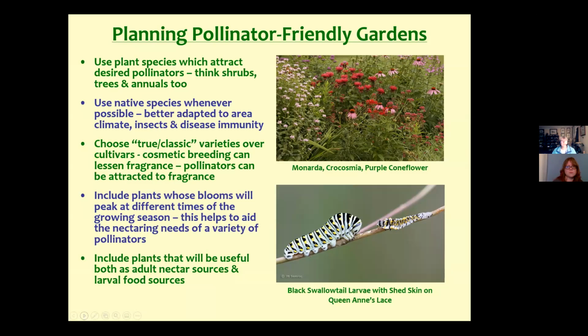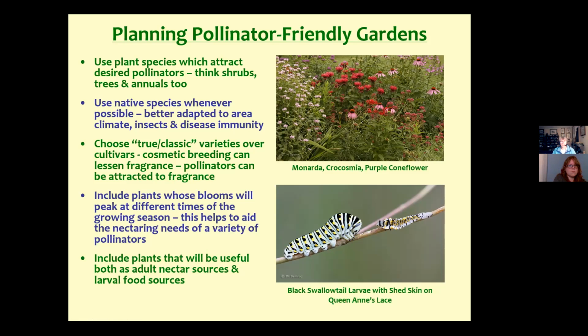Think shrubs, think trees, think annuals, because all of those are very important. Remember, some of our species of plants may only have a couple of insects that can pollinate them. And if they don't get those insects and don't get pollinated, then they're not going to be around much longer. Use native species whenever possible because they're better adapted to our area climate, our other insects, and disease immunity.